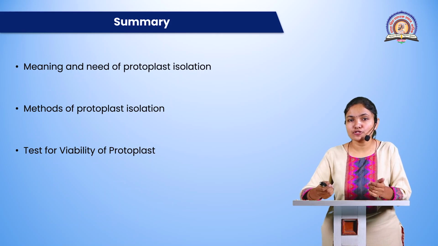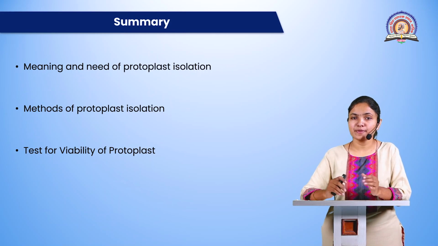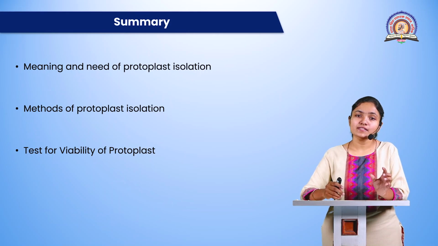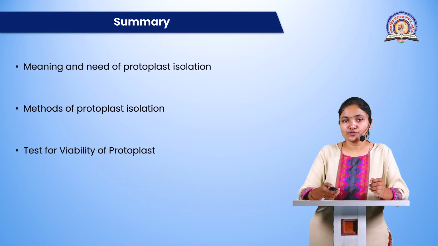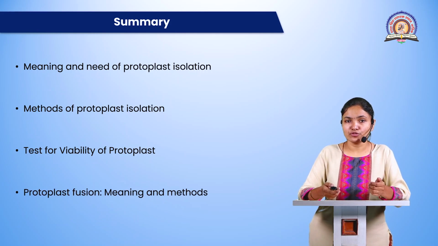There were different sources: leaves, callus culture and suspension culture, out of which I explained in detail how we can isolate the protoplast from leaf. And lastly, we also saw the different tests for checking the viability of protoplast, and how we can fuse two protoplasts for the purpose of somatic hybridization.